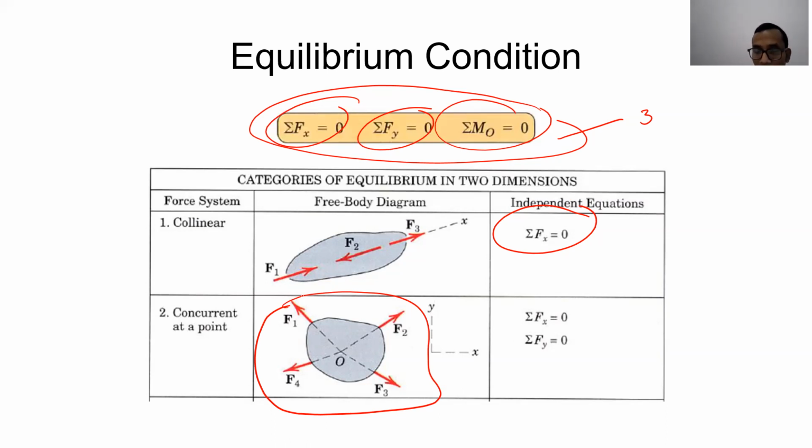It means that all the lines of action of the forces happening on that stone, if you trace them, will meet at one point O. The lines of action of F1, F2, F3, and F4 will all meet at O. In that case, there will be no moment because all the lines of action meet at one point.